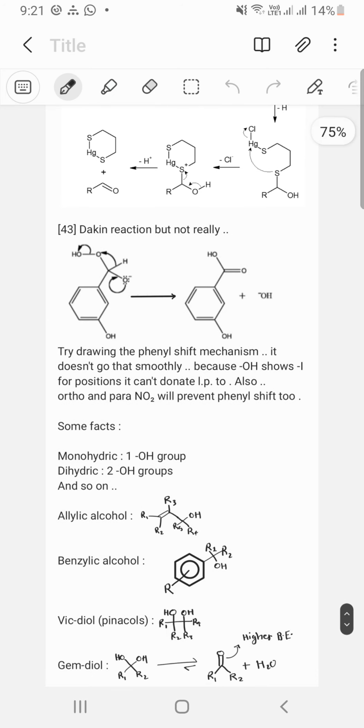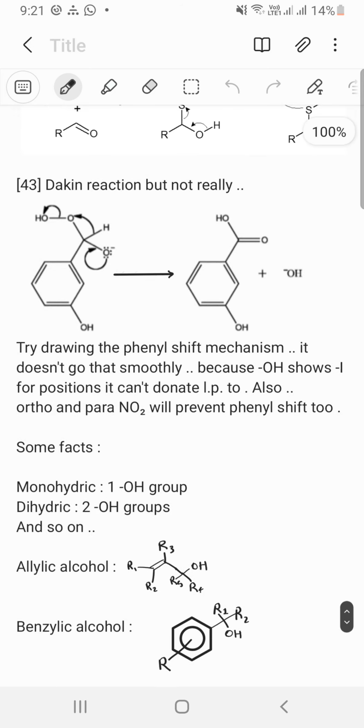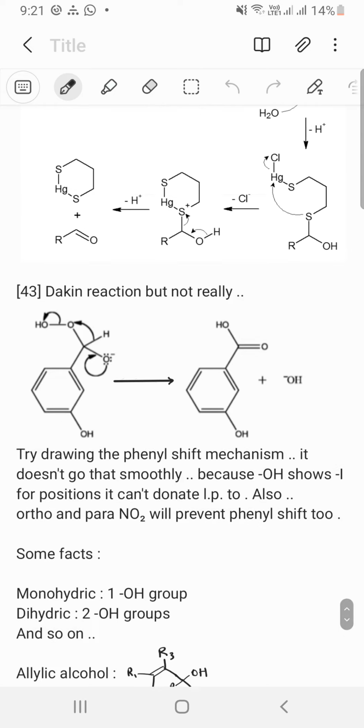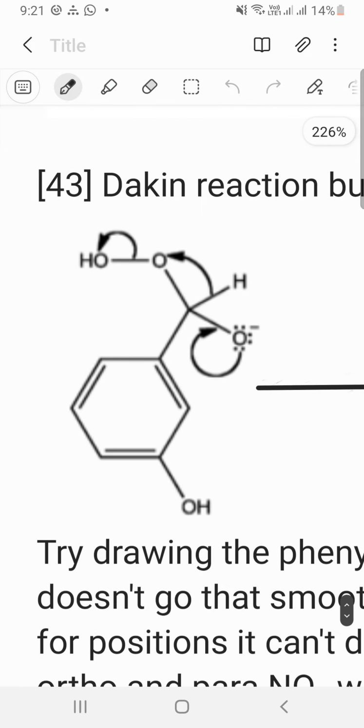Then this reaction, it's similar to the Dekin reaction, except that you have a hydride shift over there. So the reason why it happens is that in this case you have this OH group attached over there.